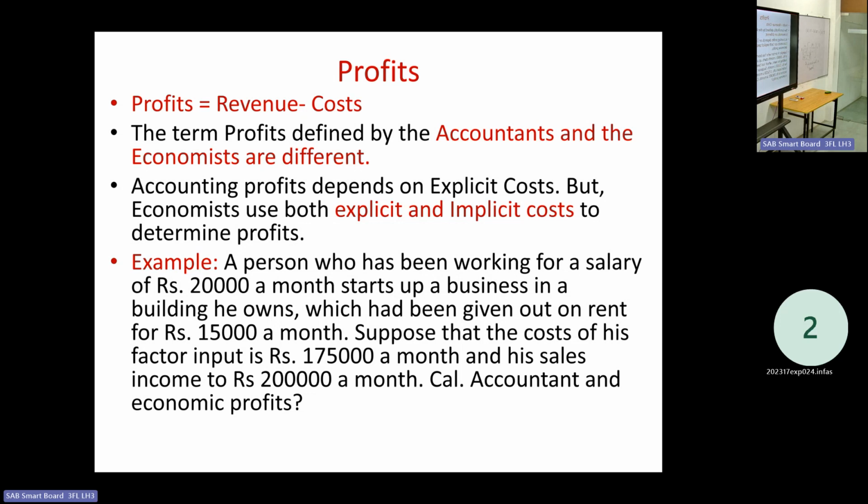He starts a small business using his own house, which could be given out for rent at 15,000 a month. The cost of the factor inputs or material is 175,000, and the sales income for the month is 200,000.